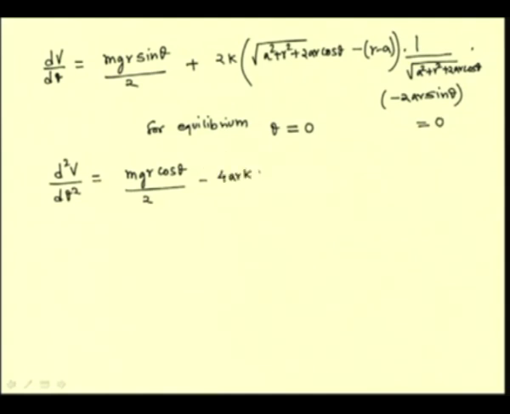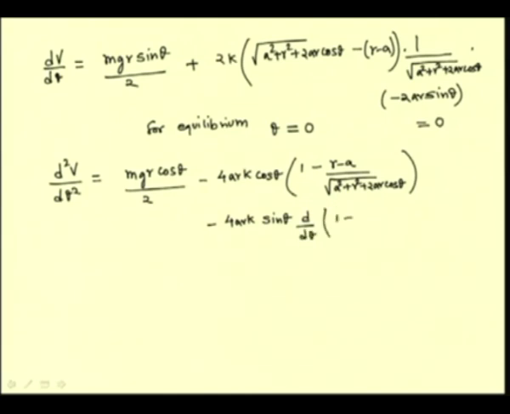4ark cos theta times 1 minus (r minus a) divided by root of a square plus r square plus 2ar cos theta, minus 4ark sin theta, then d by d theta of this term, that is 1 minus (r minus a) divided by root of a square plus r square plus 2ar cos theta.